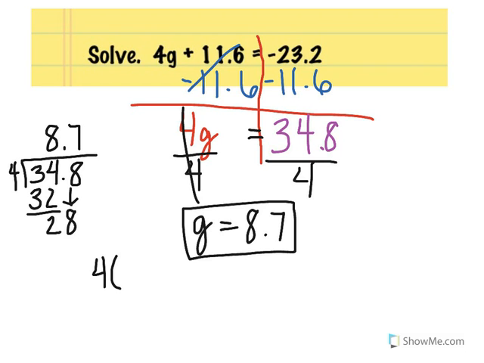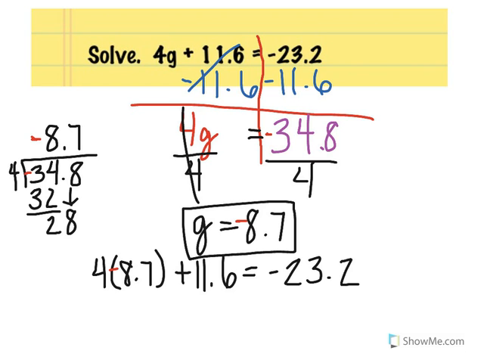So 4 times 8.7 plus 11.6. Oh, and I had made a mistake. This number here was negative. So when I divided, this would have been negative. A negative divided by a positive is a negative. So I made a mistake there. Alright, fixing it now. 4 times negative 8.7 plus 11.6 equals negative 23.2. Another example of why it's important to always check your answer.